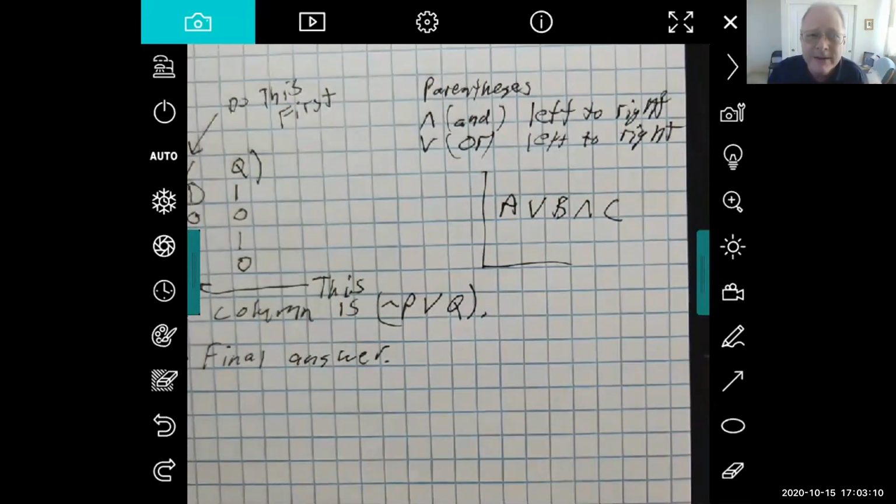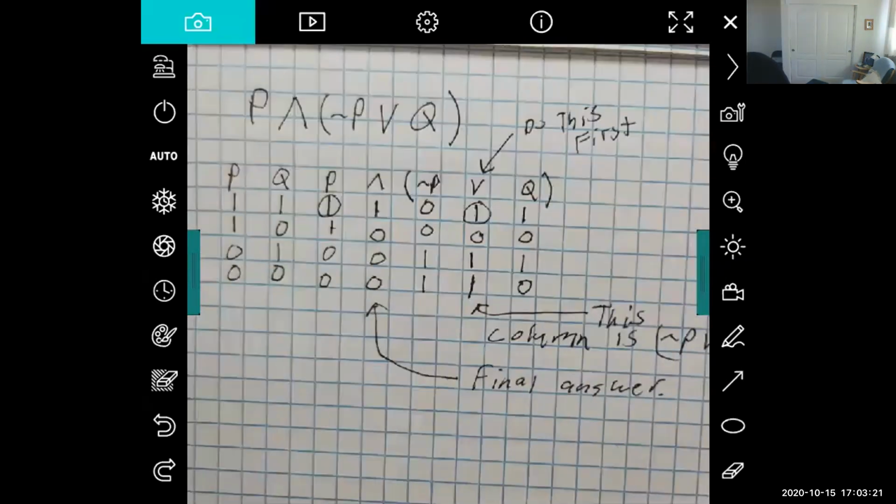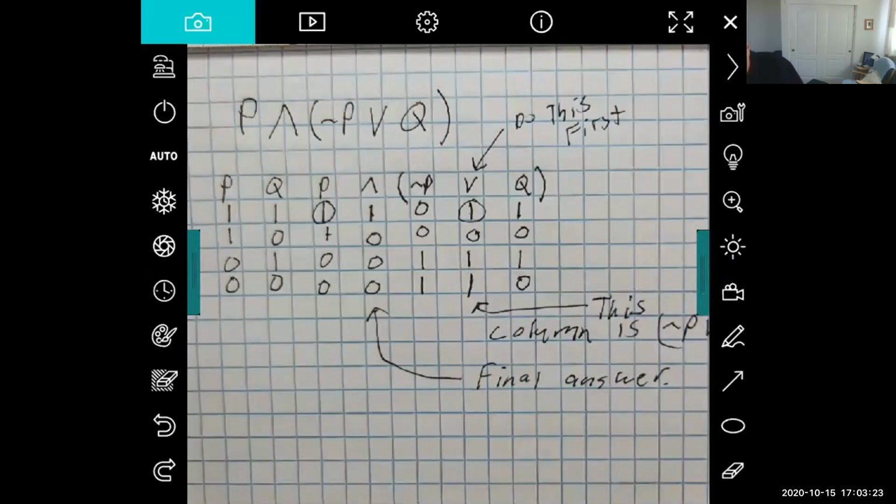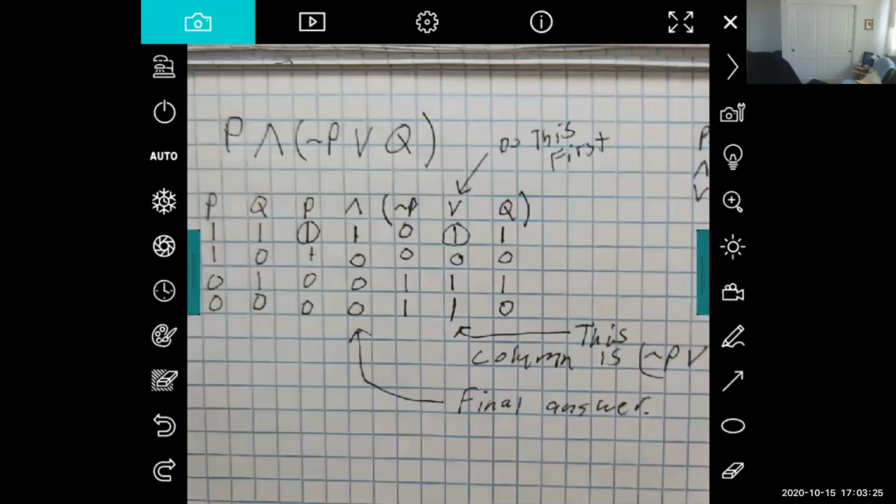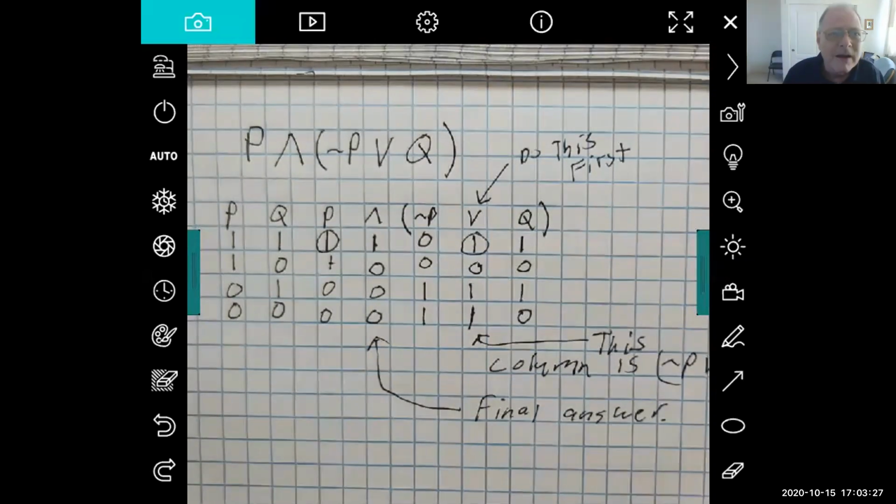No parentheses, no indication which column is the final answer. See, I don't know what you think is the answer. Okay. So there we go. Now that's what you call the closure table.